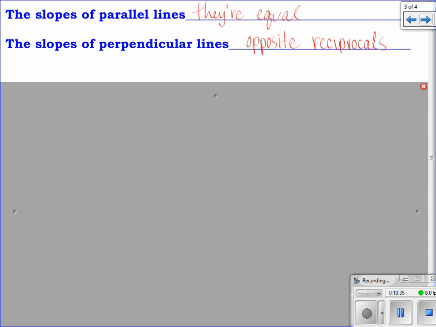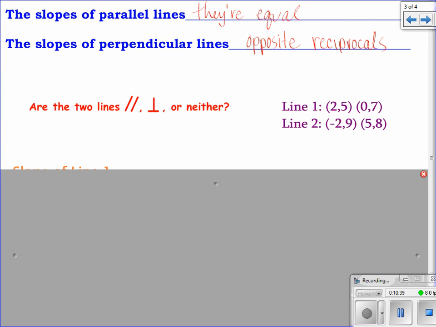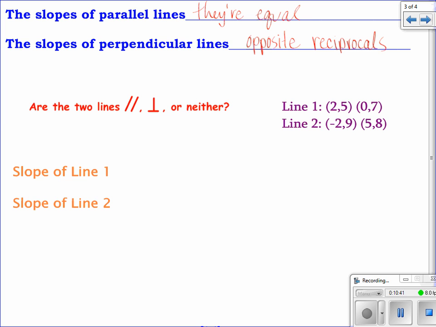So let's look at this. We want to know, are these two lines parallel? Remember these symbols we talked about in the beginning of chapter 3. Parallel, perpendicular, or neither. So what we need to look at is the slope. We'll find the slopes of each of these lines. They've given us two sets of coordinates so that we can calculate what the slope is.